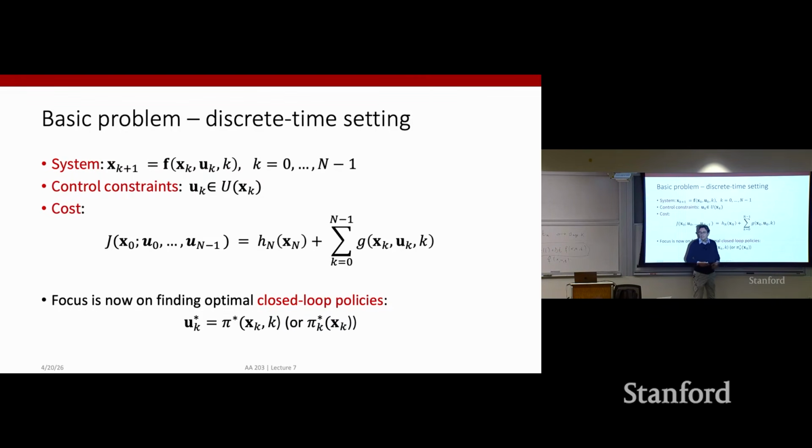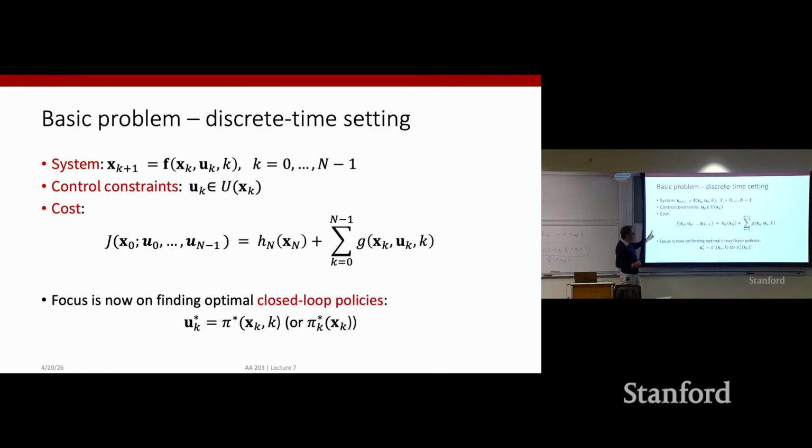Think about the fuel that you're spending, or maybe how unhappy you are about being at state x_k. And h(x_N) is the terminal cost, how unhappy you are when at the end of your optimization horizon, so after capital N time steps, you are in state x_N. So this is also the discretized version that we derived when we discussed direct methods. So everything stays the same.